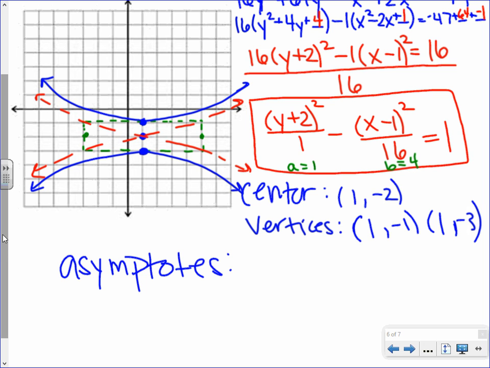Let's write the equation of those asymptotes. Okay. Remember point slope form. Since both lines go through the center, I want you to use the center as your point. So our center is -2, 1. So that's the point that you're going to use.